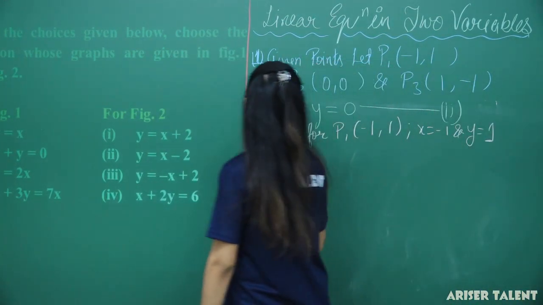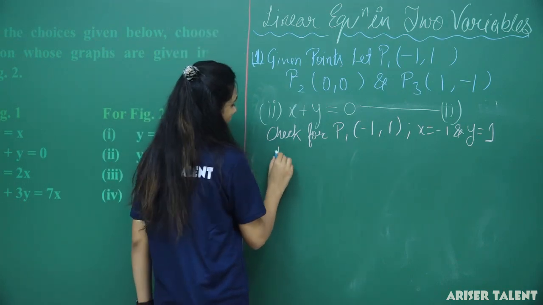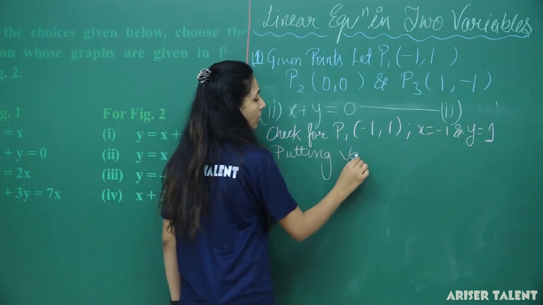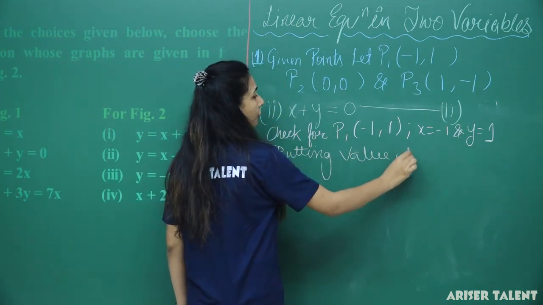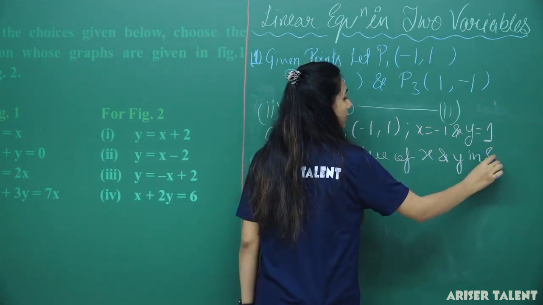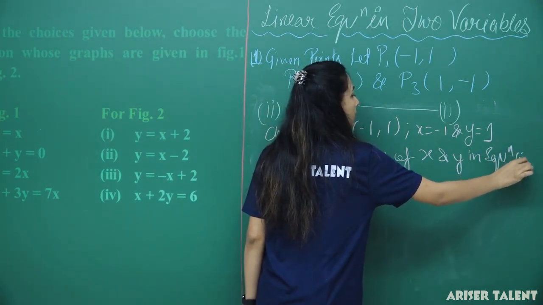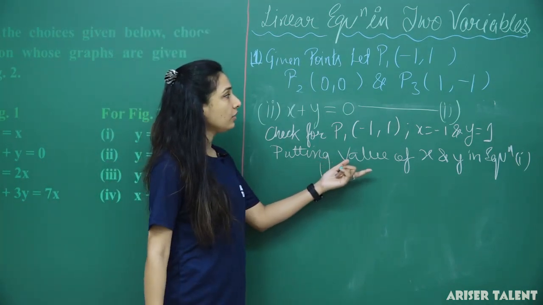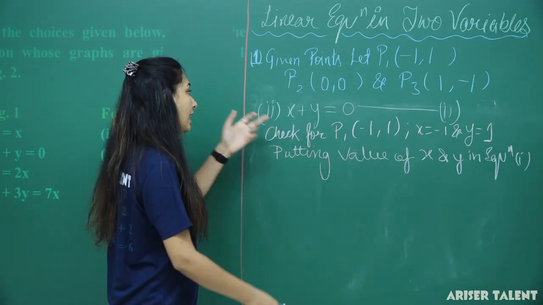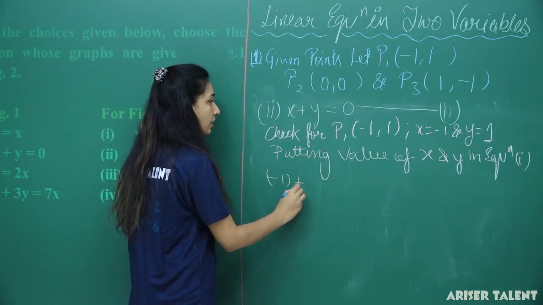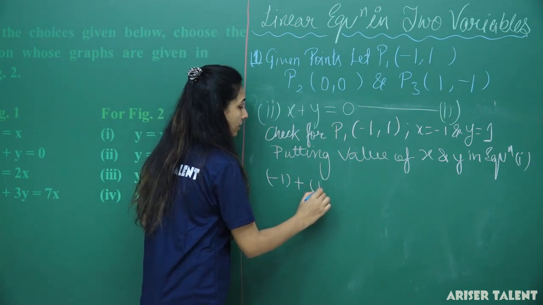Similarly, what we will do now? Putting values of x and y in equation 1. Now when we put these values in the equation, what will we get? x plus y equals to 0. x is what? -1. y is what? 1.